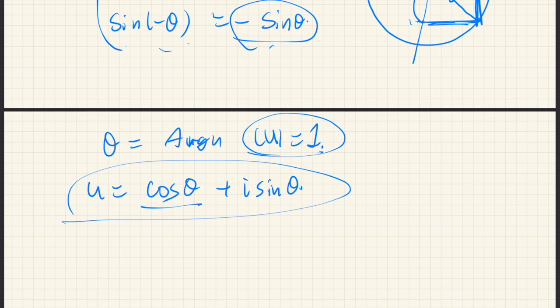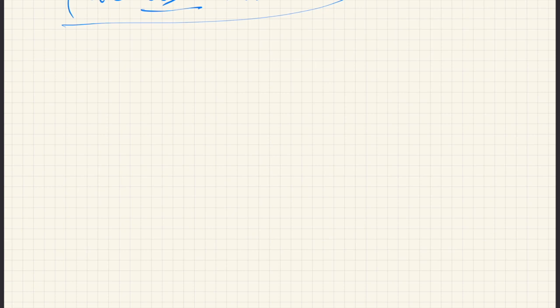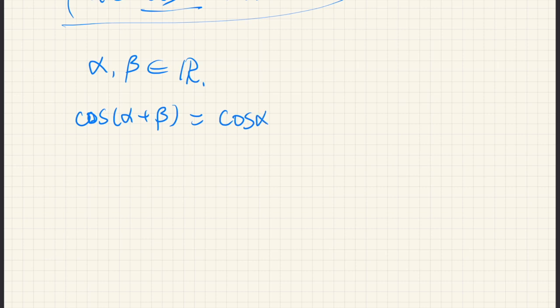Okay, now let's prove some trigonometric identities. Suppose alpha and beta are real numbers, angles. Then we have cosine of alpha plus beta equal to, I guess you have learned this somewhere in high school.